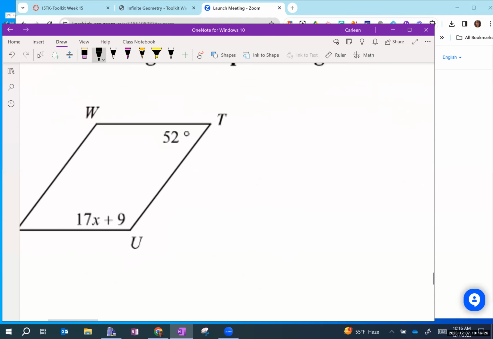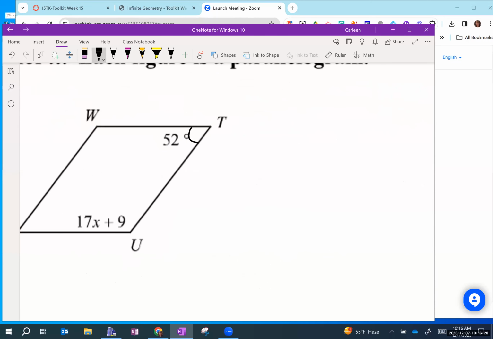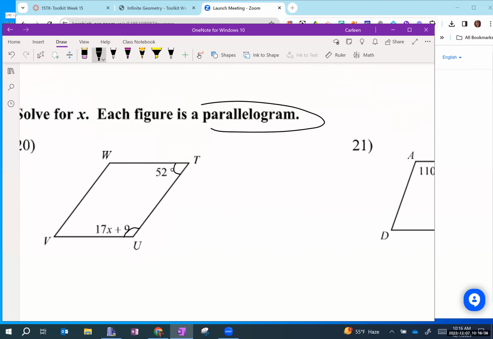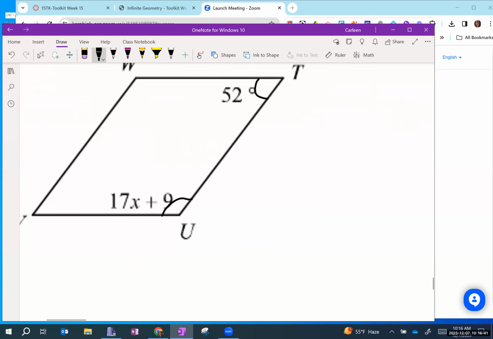Sorry, don't want to make you dizzy. Consecutive angles. What do we know? And this is a parallelogram. It's not marked, but it says so in the directions. So what do we know about consecutive angles of a parallelogram?